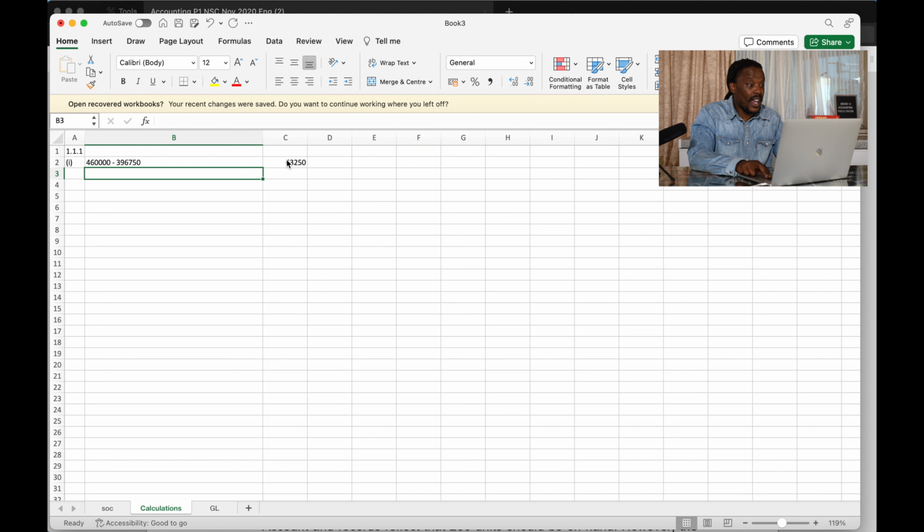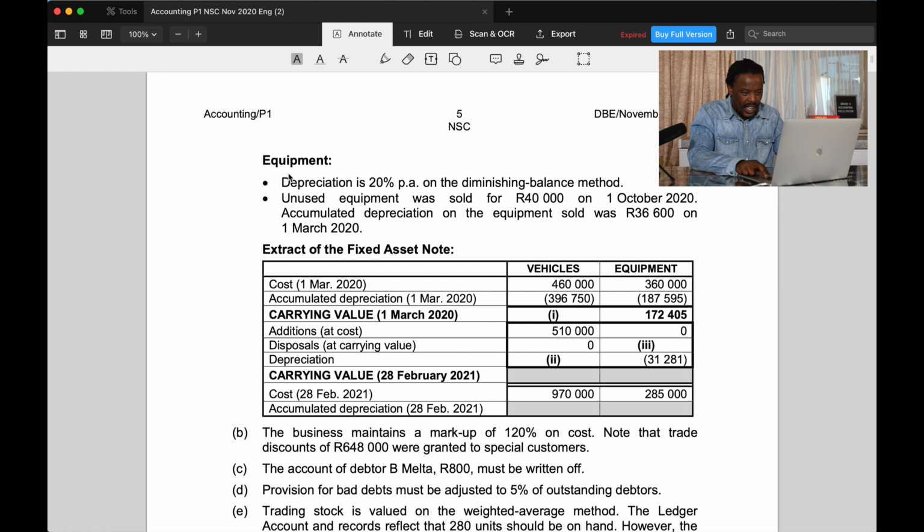And this is the carrying amount: carrying amount 63,250. Now let's look at what is the next question.